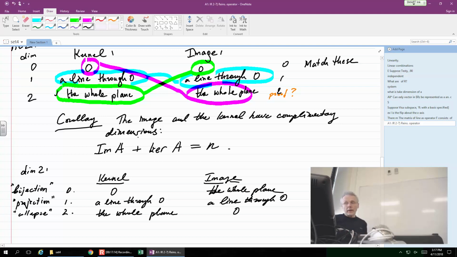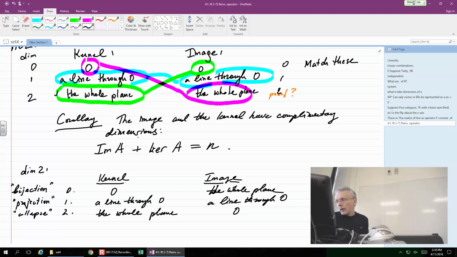At the top it will still be bijection, so the kernel equal to 0. And at the end there will still be collapse, where everything goes to 0. In between you have a bunch of projections on spaces of different dimensions: you start with n, then n minus 1, n minus 2, n minus 3, and you project on lower and lower dimensional spaces until at the very end you project on the point, the origin. Okay, so these are the cases.